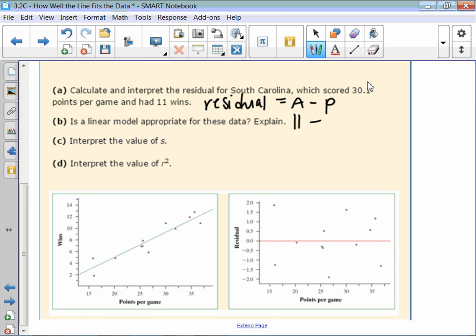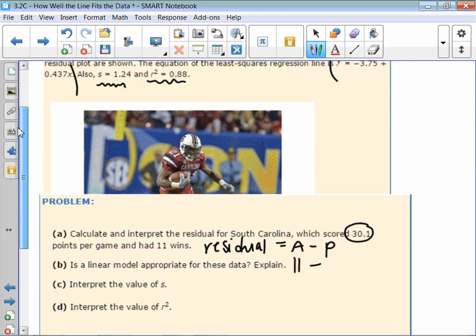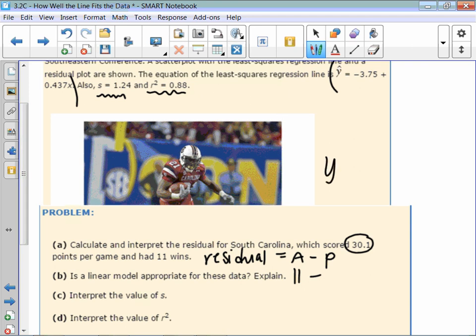We plug in our 30.1 into our equation, which was y hat equals negative 3.75 plus 0.437, and we plug in 30.1 for points scored, and that gives us a predicted value of 9.4 wins.